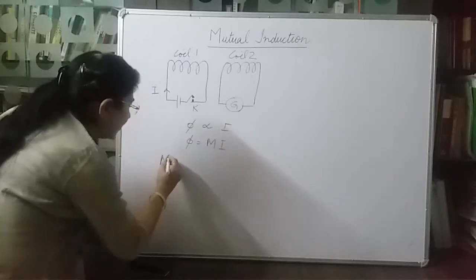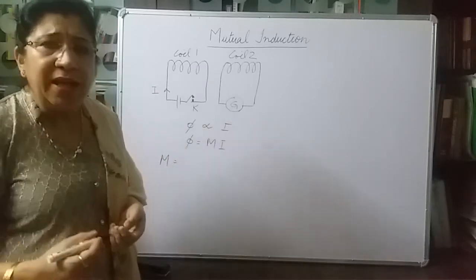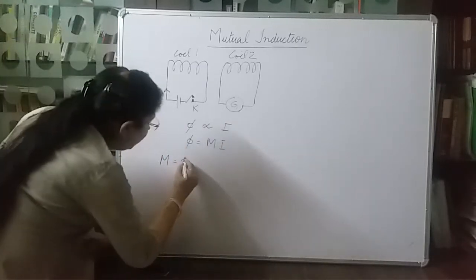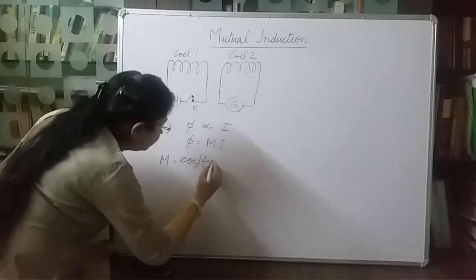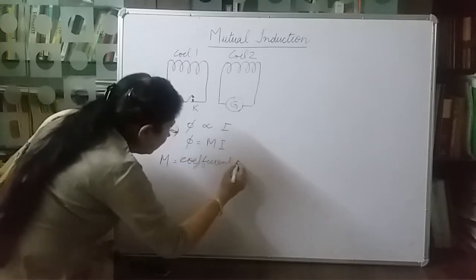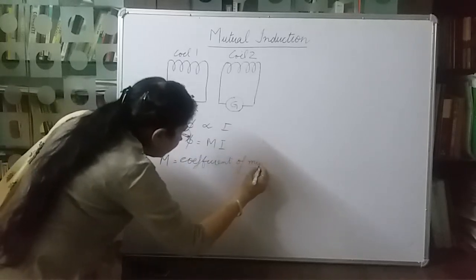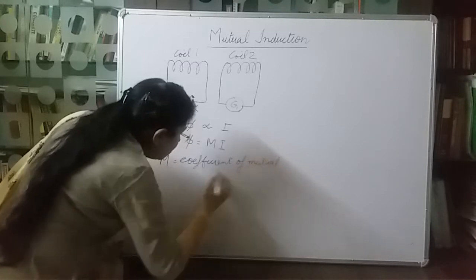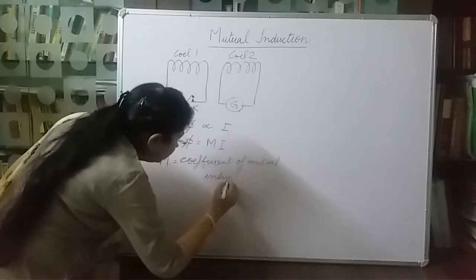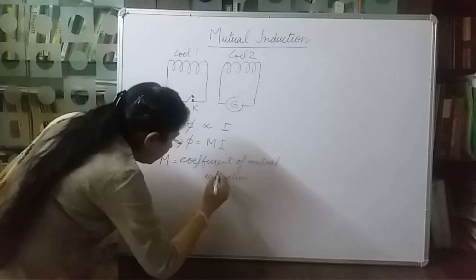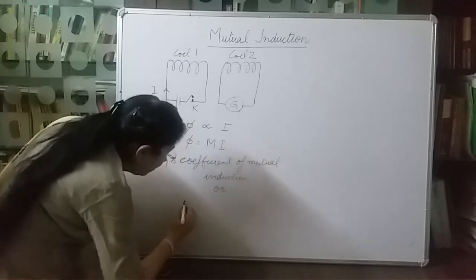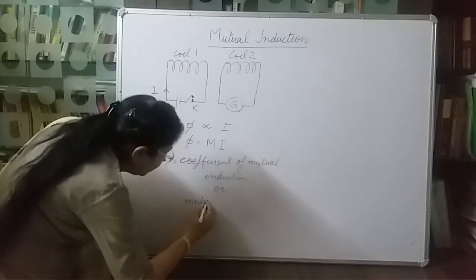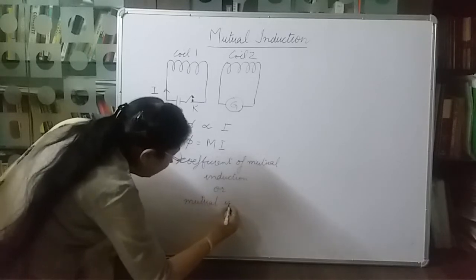This constant of proportionality is called the coefficient of mutual induction, or it is also called mutual inductance.